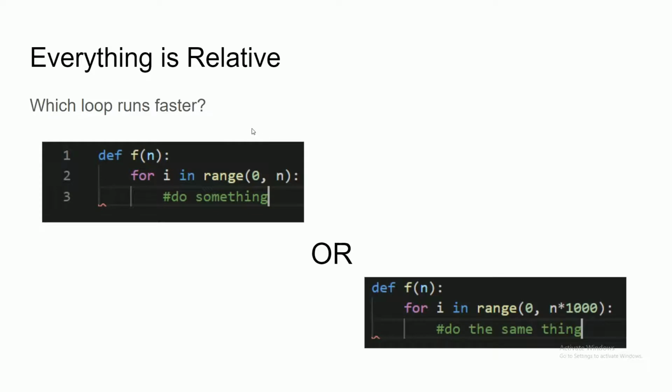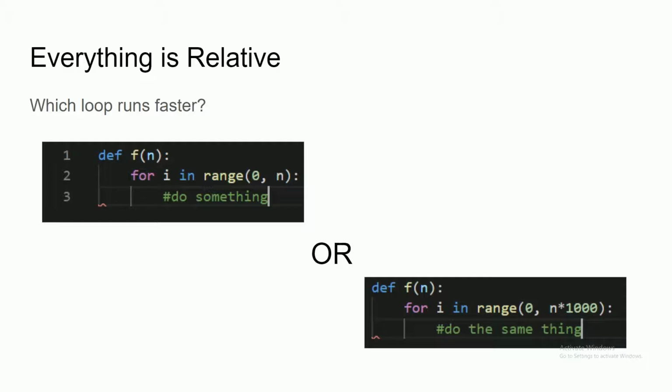Okay, so an important point that you might have caught on with so far is that everything in time complexity is relative. We're not asking about just how long something will run, but how long it will run relative to what its input is.